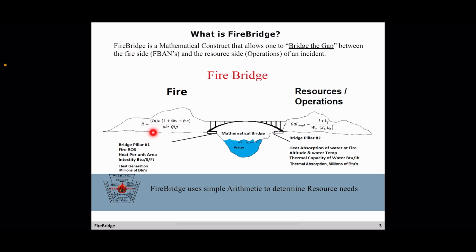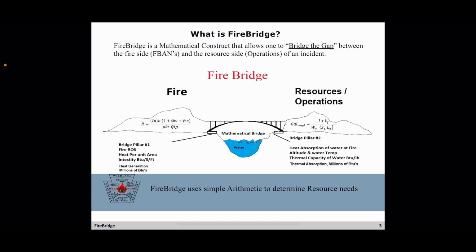And all it's saying is that the I_p0, the no wind propagation intensity, which is your BTU per square foot, is multiplied by the wind coefficient and the slope coefficient, and then divided by the effective bulk density of the fuel, times the pre-ignition temperature of the fuel.